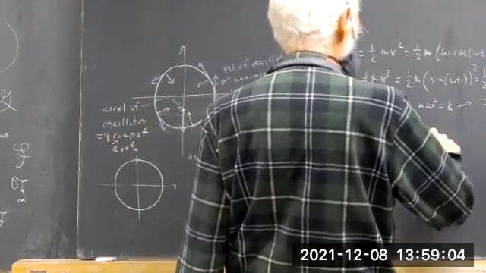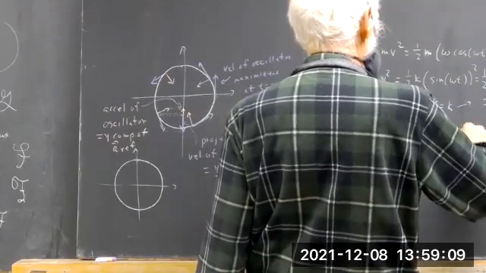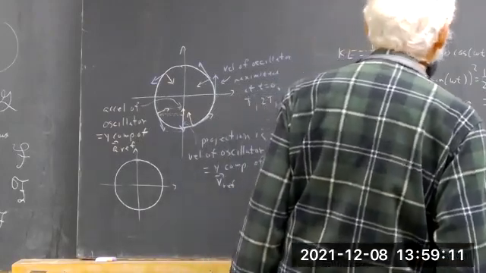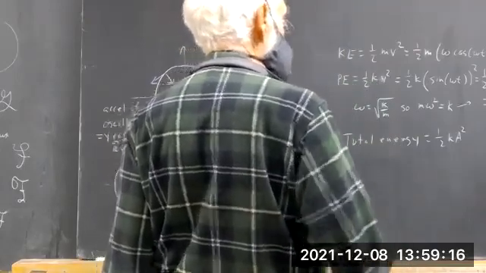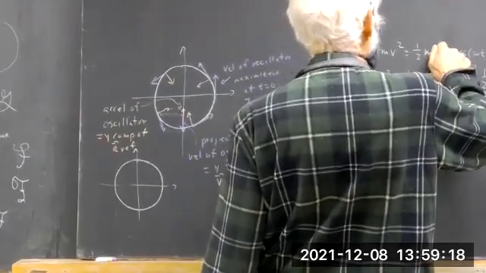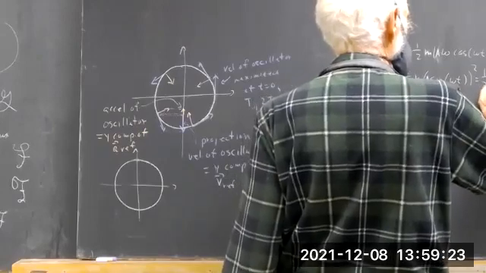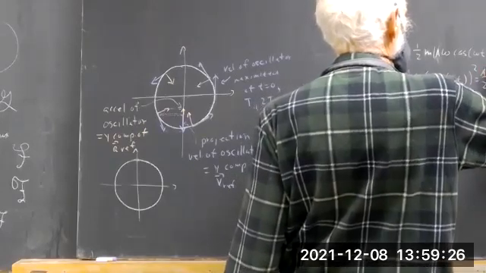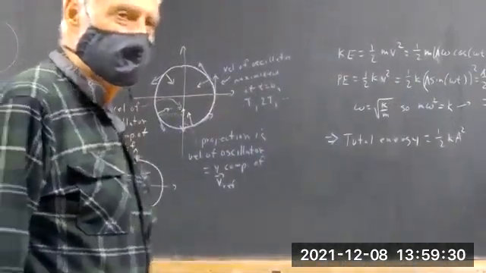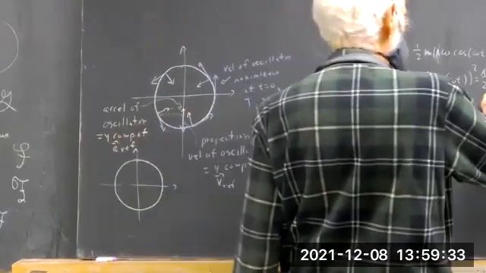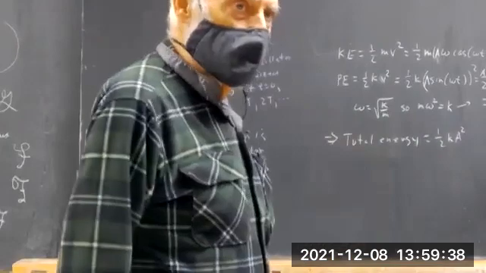As I said last time, and I've left off A in all of these. There it is. Total energy is 1/2 k A squared.